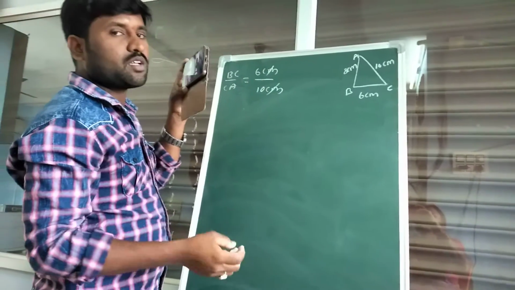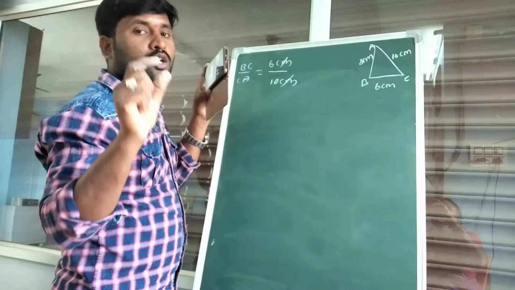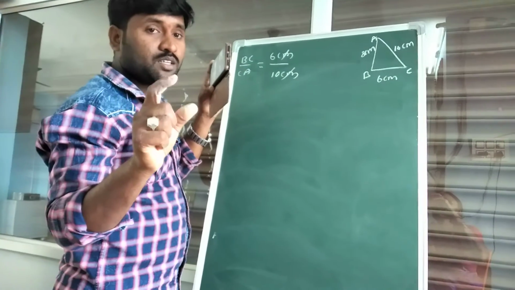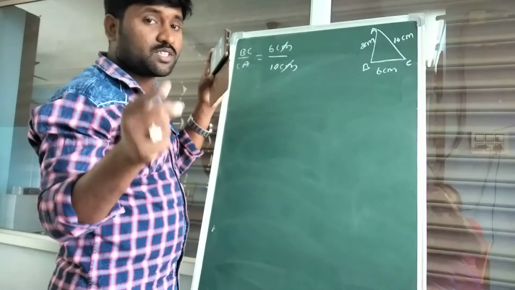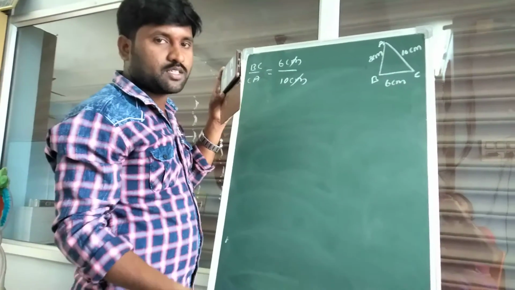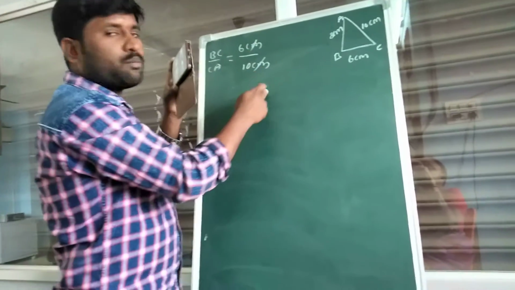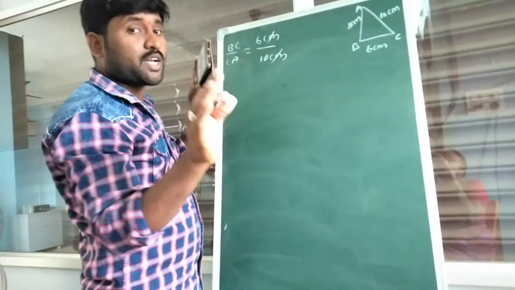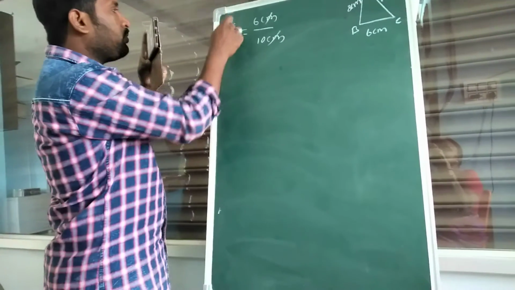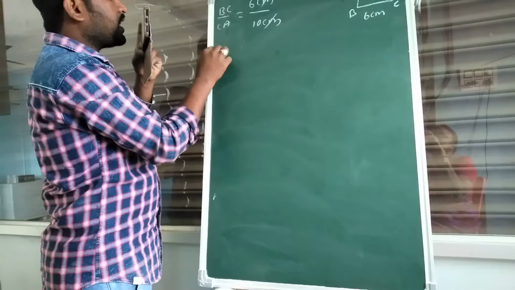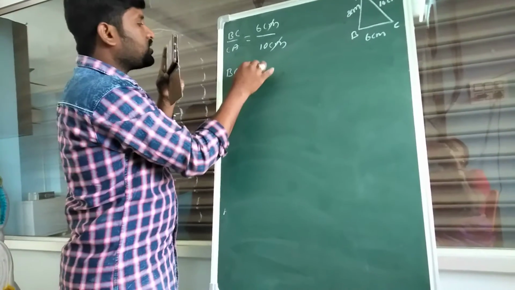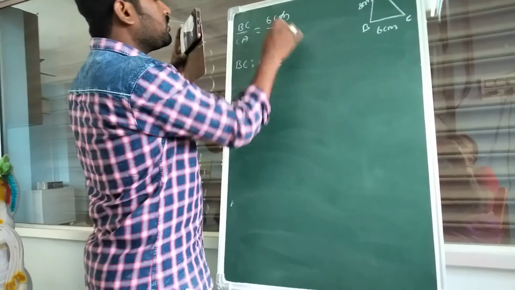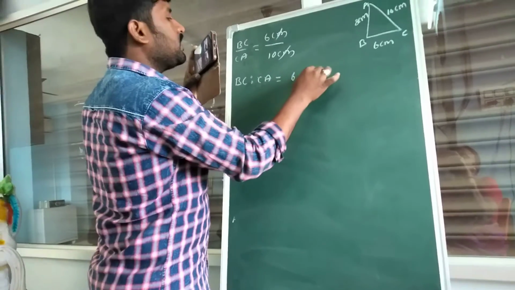Centimeter cancel because a ratio has no units, but we compare two quantities with the same kind of units. Now BC by CA, we can write it as BC is to CA is equals to 6 is to 10.